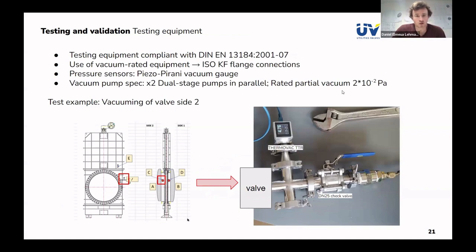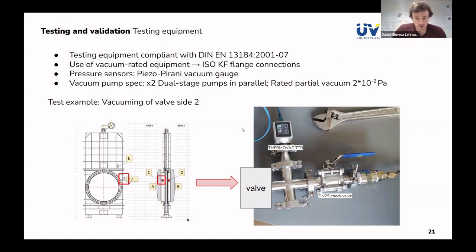If we move forward to the testing equipment we used to compute these performance values, we denote the use of vacuum-rated ISO-KF flange connections, as you can see in the image. We also make use of pressure sensors, also the ones we use internally in our lab to conduct research, and then vacuum-rated check valves.